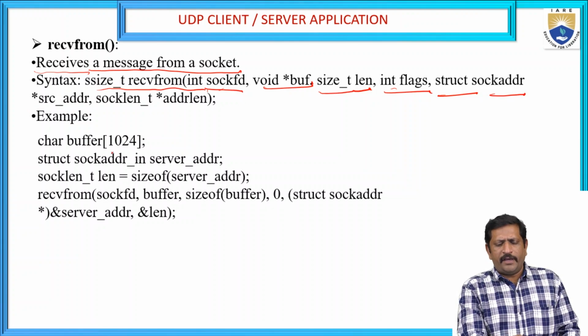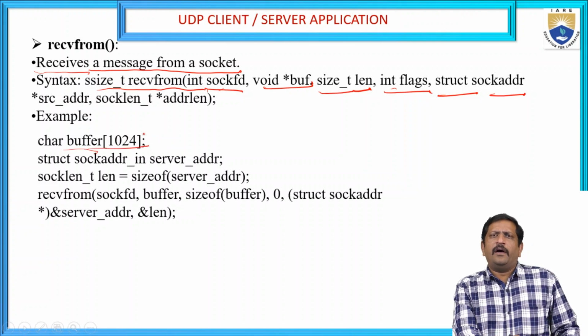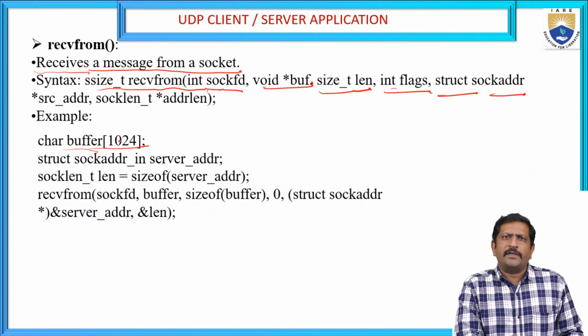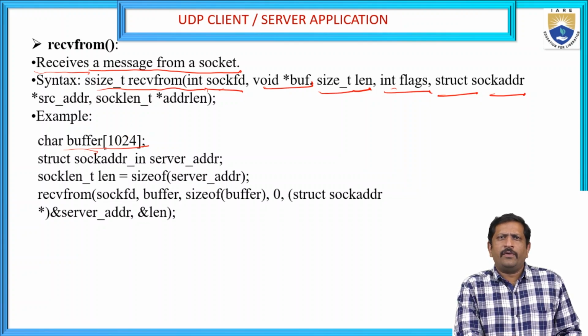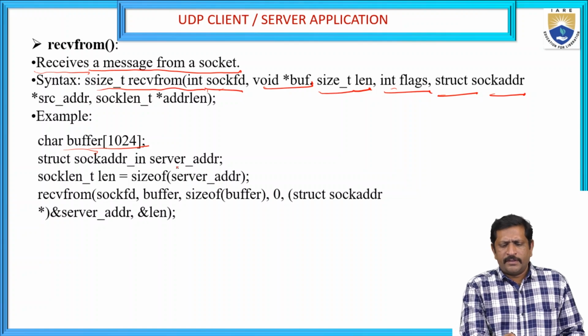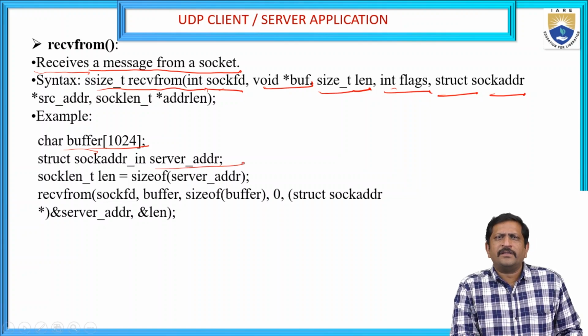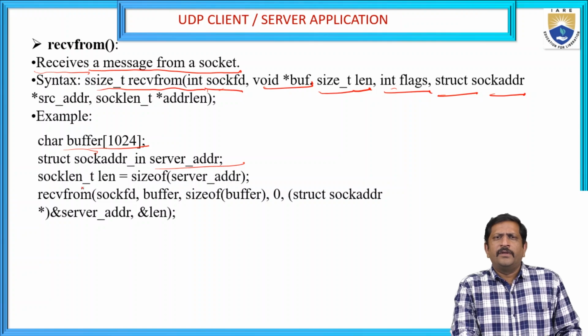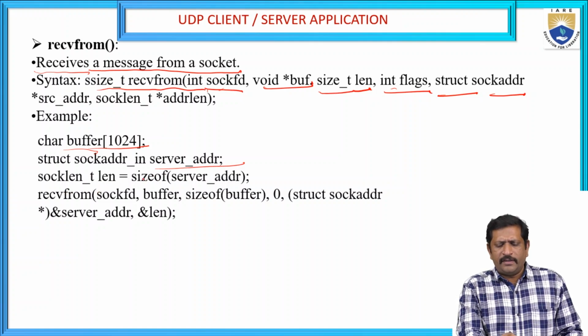For example, char buffer[1024]. Here 1024 is the size of the buffer. Then struct sockaddr_in server_address, which is a structure type, and socklen_t, the length, is the size of the server address.